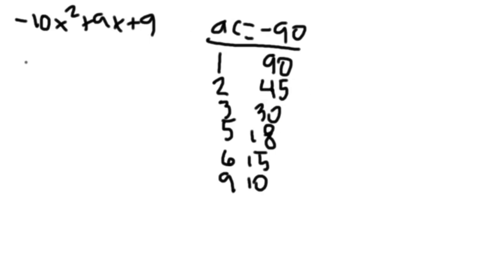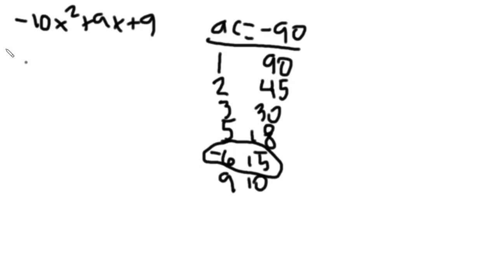Now we want a pair that can add or subtract in some combination to give us my middle term, which is 9. Sometimes you'll have multiple pairs that work and you have to try and see which one works. In this case, I only have one pair that works, which is 6 and 15. The way we get 9 is 15 and negative 6.